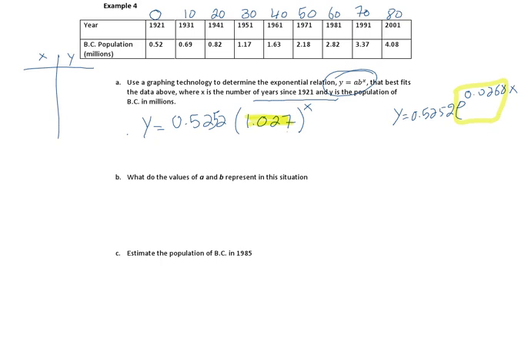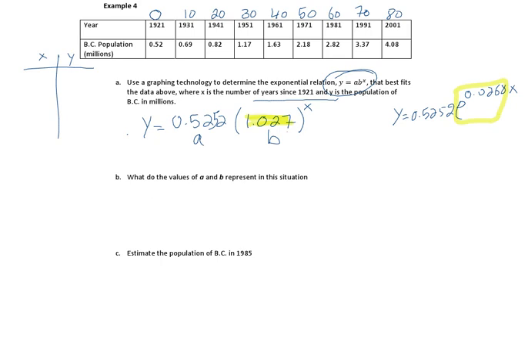Okay, now, what do the values of A and B represent in this situation? What's A? 0.5. What does it represent?